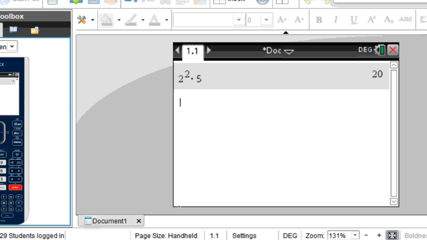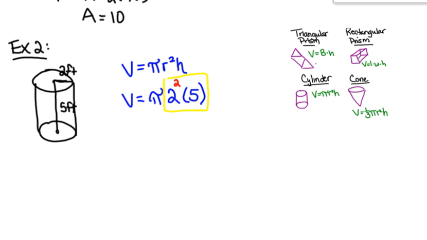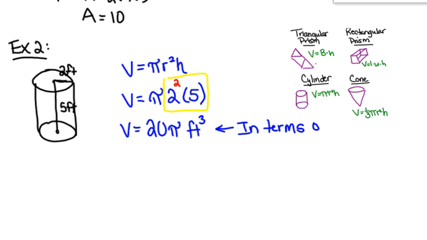So 20. And at this point, I haven't multiplied times the pi yet, so the pi would still be in my answer. And I can say feet cubed or cubic feet, but that's if they ask for your answer in terms of pi. Remember, in terms of pi means there's a pi in your answer.